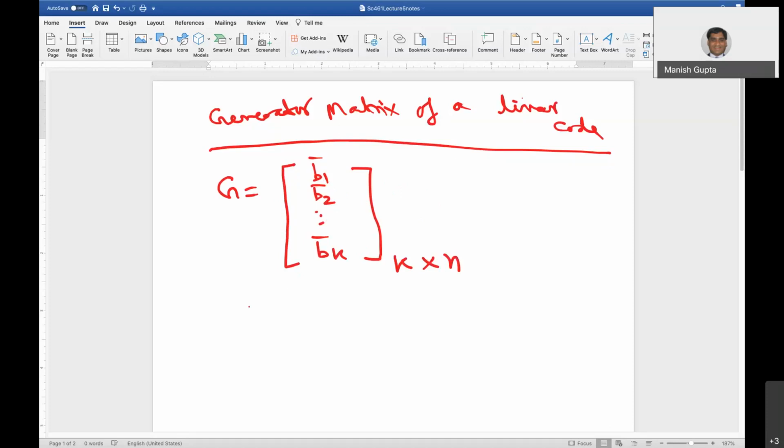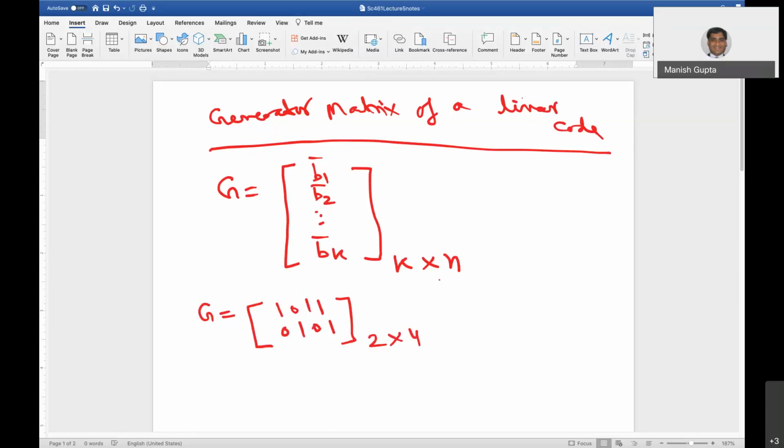As an example, I can look at the following code C generated by 1011 and 0101. So this is 2 cross 4, k is 2, and you can see that because of the presence of the vectors 10 and 01, these two vectors are linearly independent, right?